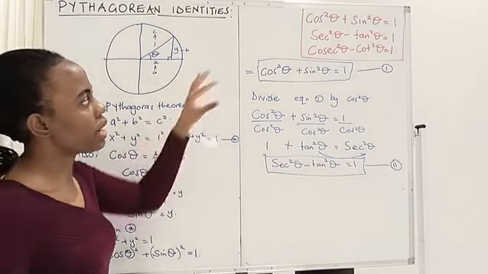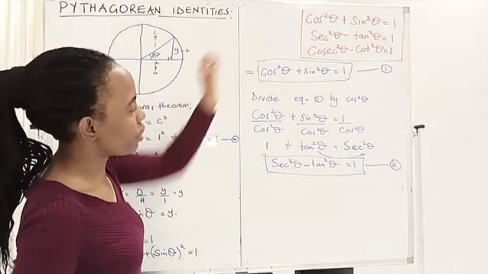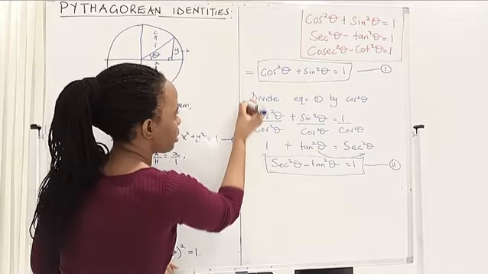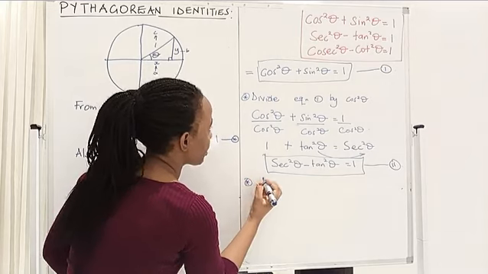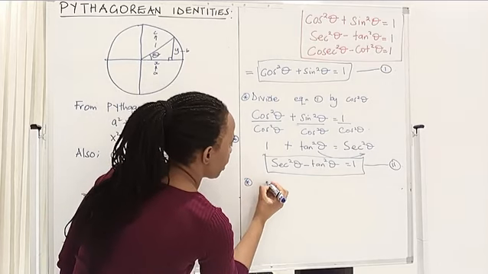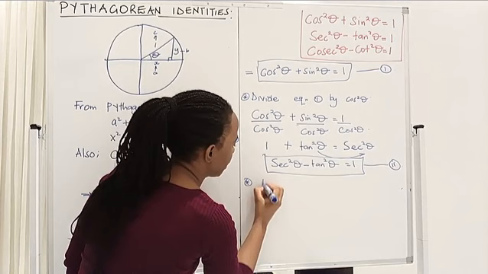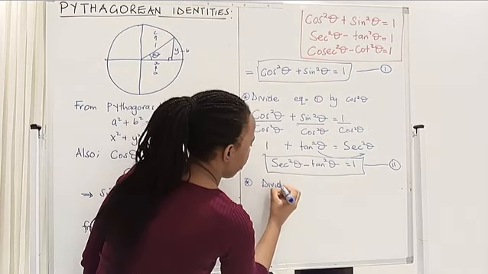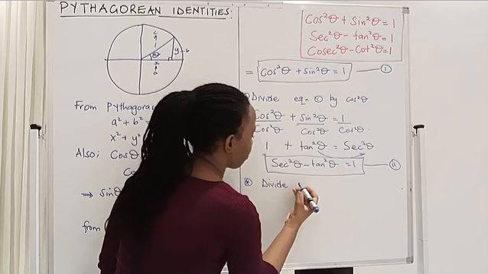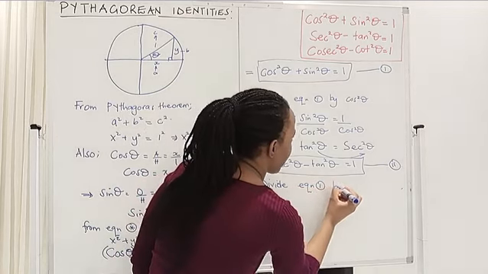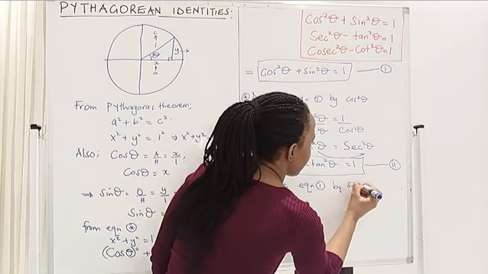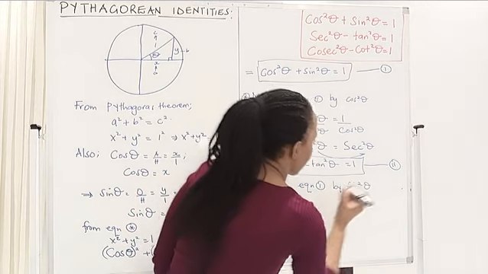Now, how do we get the third identity? You get the original equation, that is, we are required to divide equation 1 by sine squared theta.